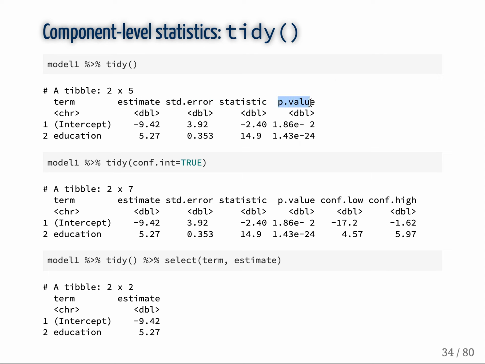So this is a convenient column name rather than the one before. Here each row is a coefficient. This is the estimate, standard error, t-test statistic value, and p-value.